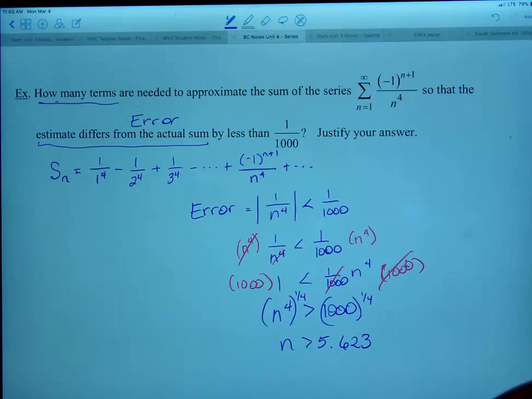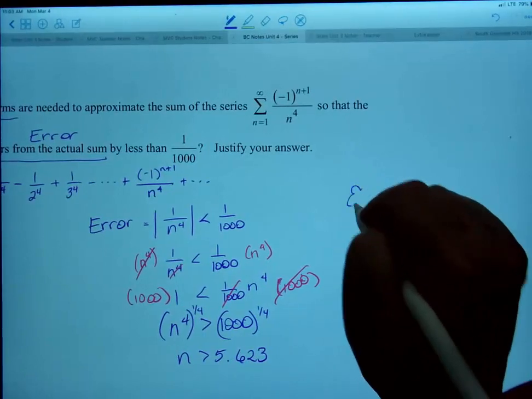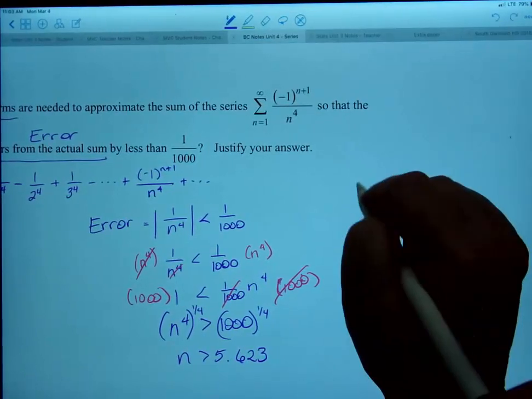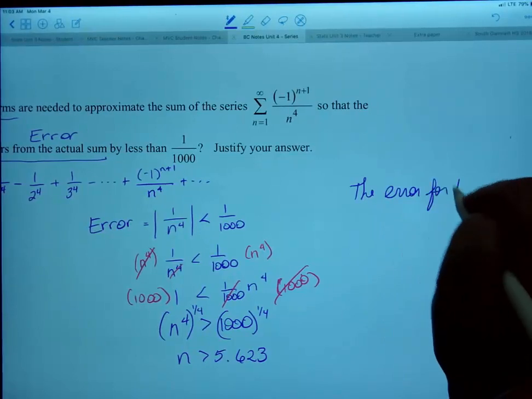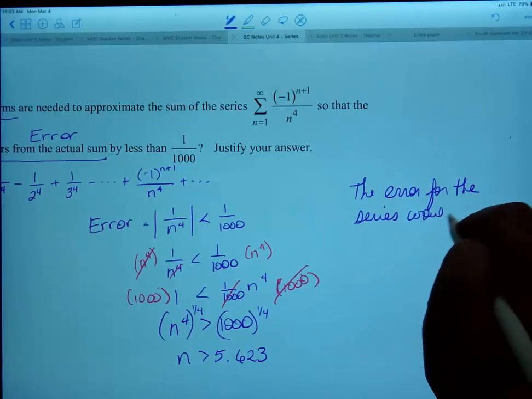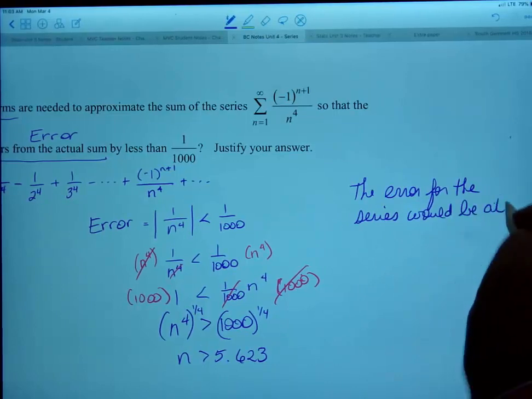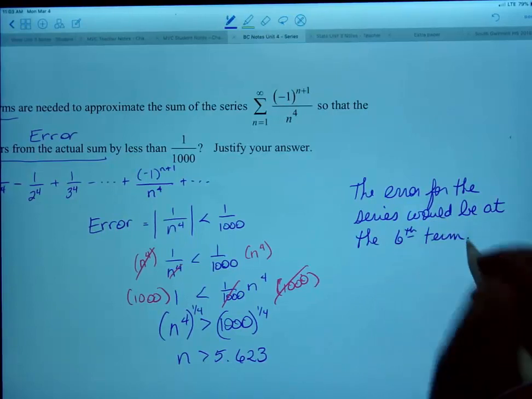So the error would be, which term did you just tell me? The 6th term. The error of the series would be at the 6th term.